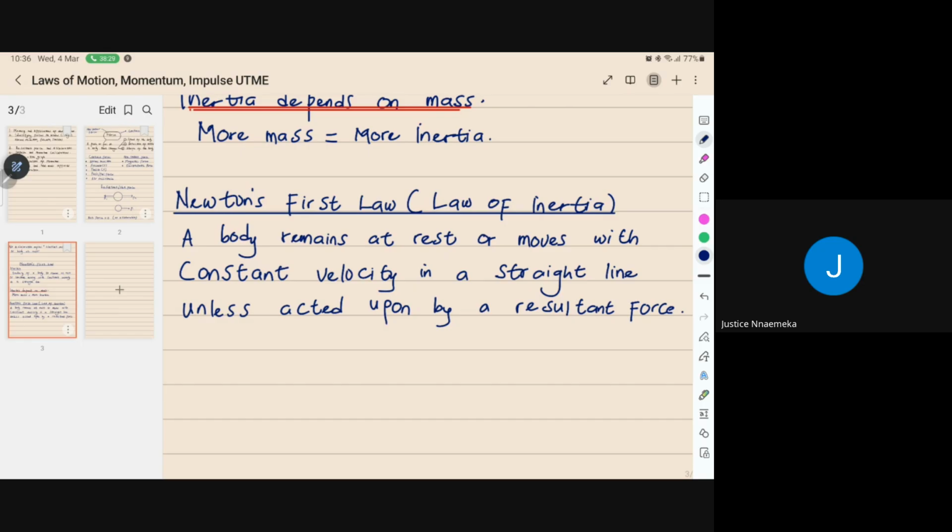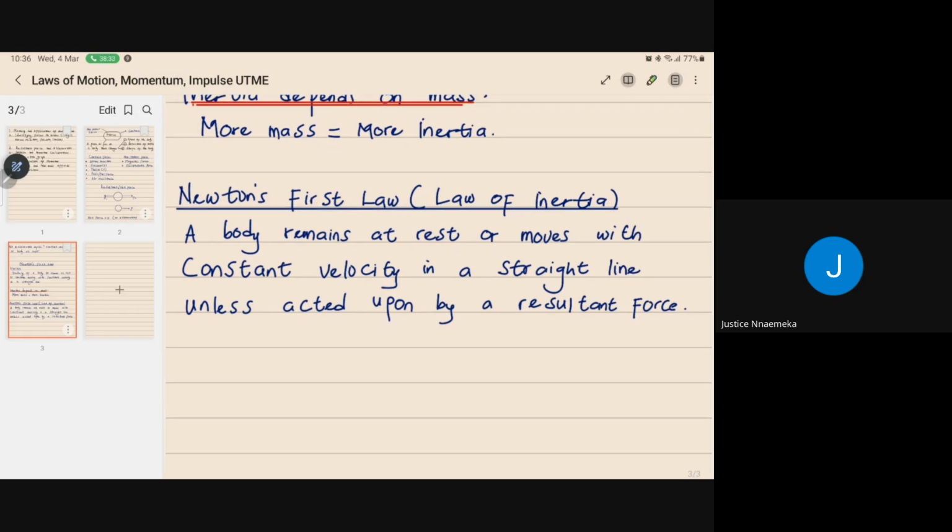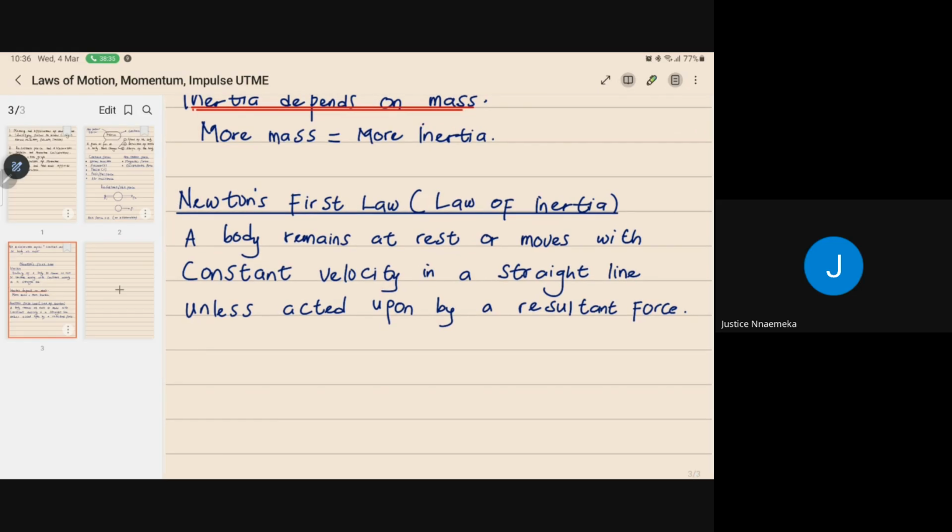All right. Now, remember I told you that constant velocity means same constant speed, constant direction. So if a body moves with constant velocity, the net force is equal to 0. That's all I want you to know for that.